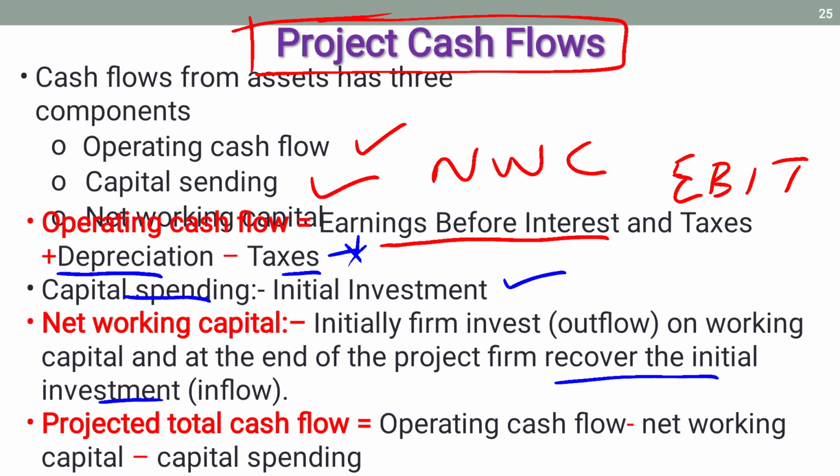So the assumption is initially you will invest it, and at the end of the project you will be able to recover it. Projected total cash flow is equal to what we discussed: operating cash flow minus net working capital minus capital spending.